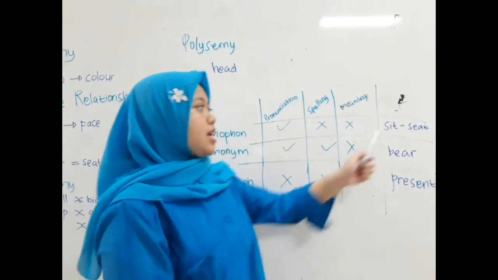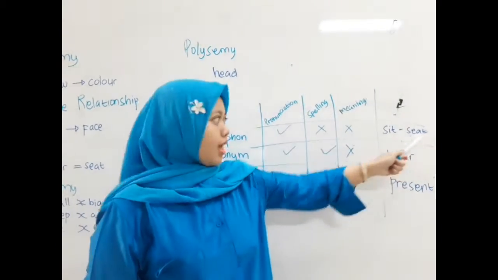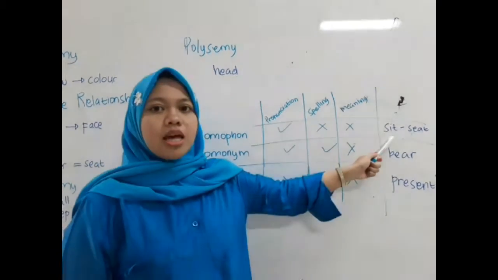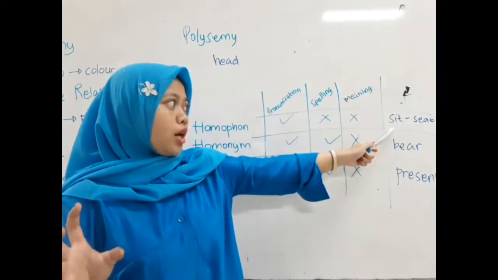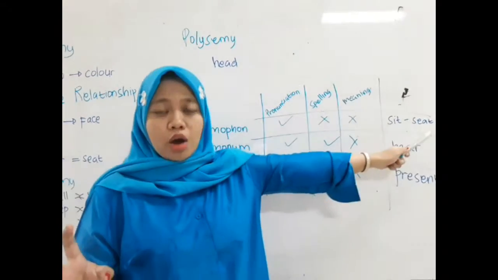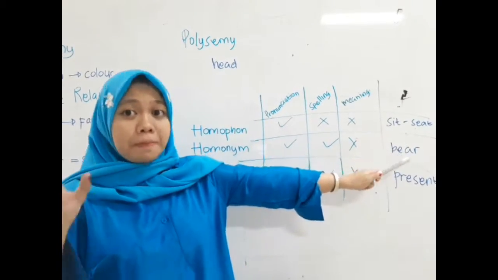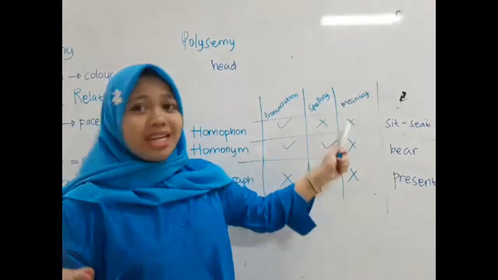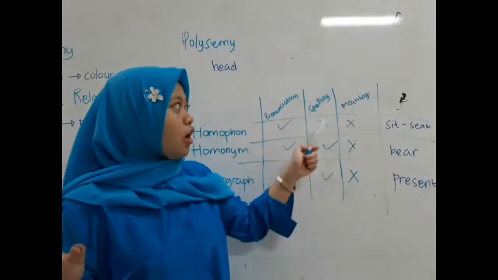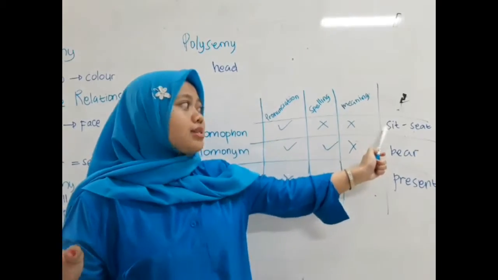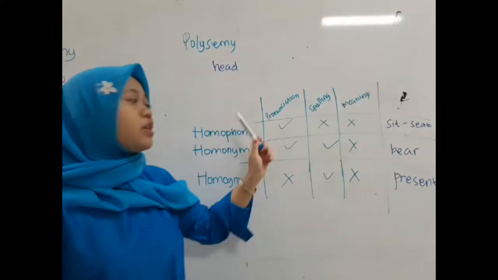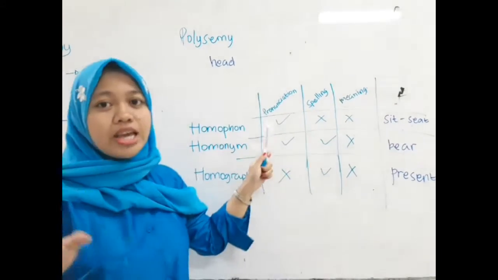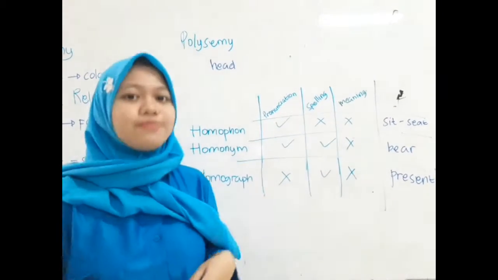The example is sit and seat. Sit here is a verb, meaning duduk in bahasa Indonesia. While seat here is a noun, meaning tempat duduk. So the meaning is different, the spelling is also different, this one SIT and this one SEAT, but the pronunciations are the same. Okay.